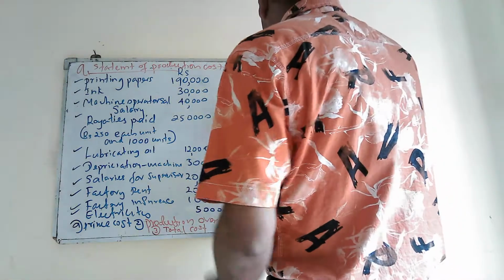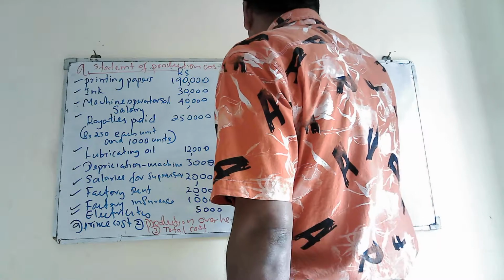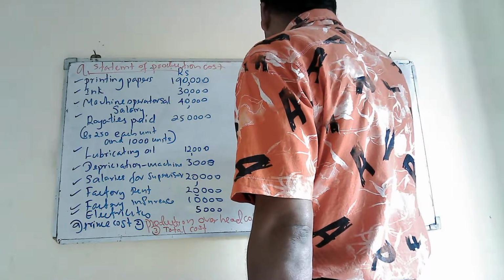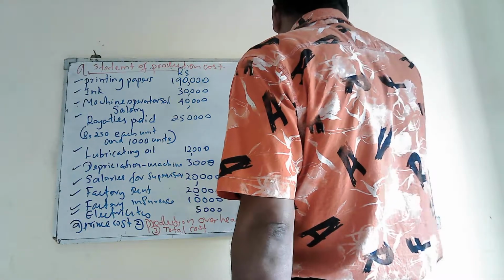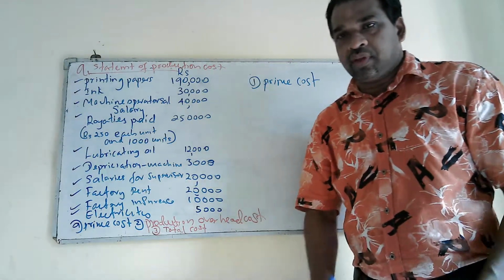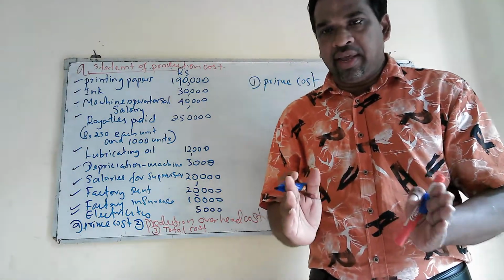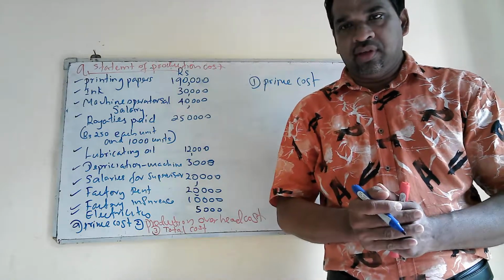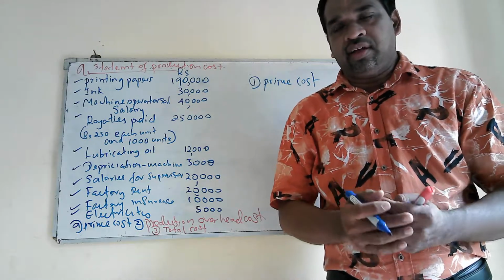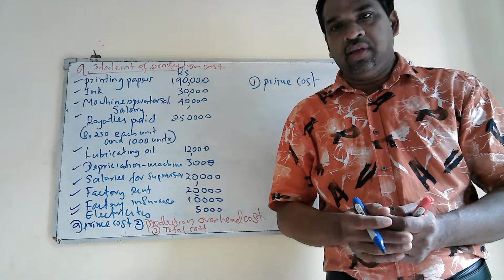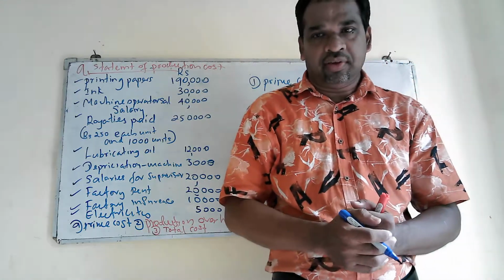So we can calculate how. What is prime cost? Prime cost is the addition of direct material cost, direct labor cost, and direct other cost. That is the addition of direct cost.